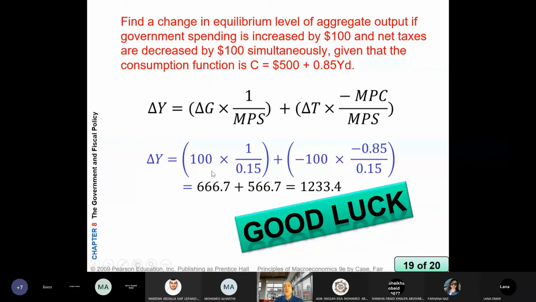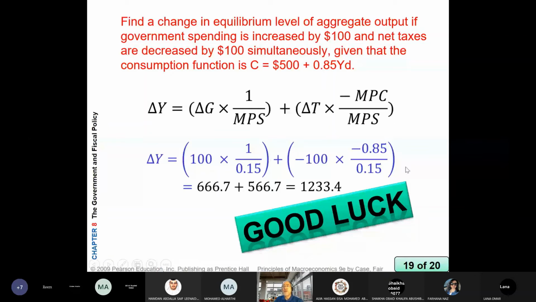So now, with all the information we got: the increase in government spending led to an increase in output by more than 600. A decrease in taxes led to an increase in output by more than 500. The net impact of a change in both is a multiple increase in output by more than 1,000.